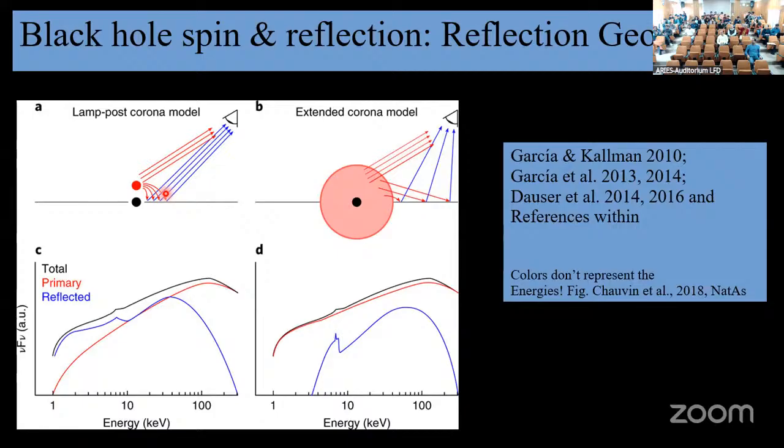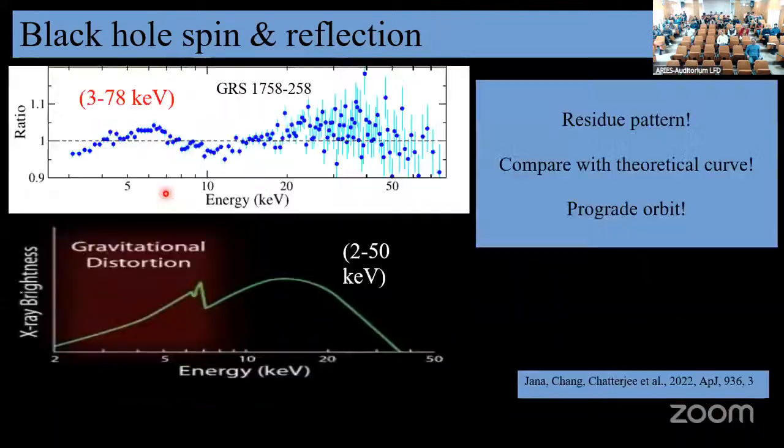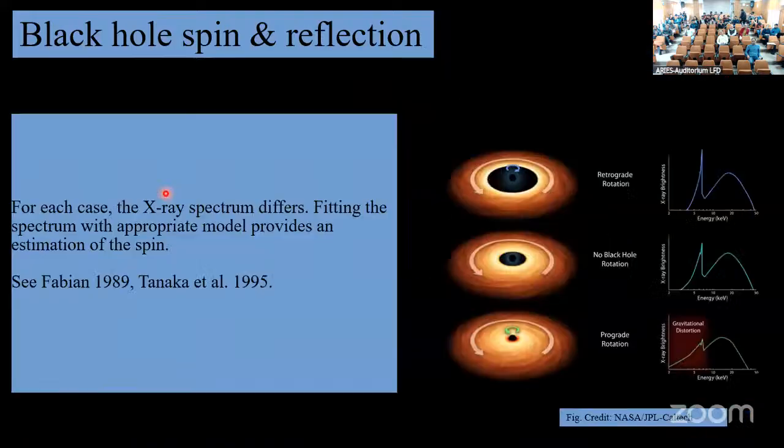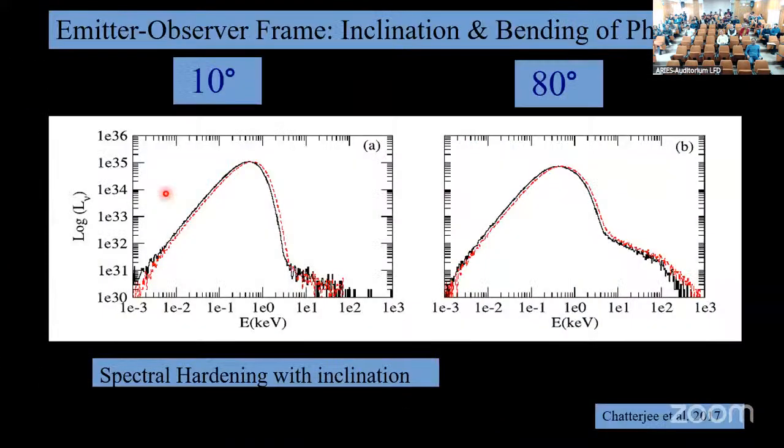Okay, so if you go to higher inclination, let me go back a little bit. Let's look at this particular spectrum. This is the Comptonized spectrum, the high energy spectrum. Now, if you are at high inclination, suppose this is your disk and this is your cloud region, and you have a disk surrounding it. Your observer is sitting somewhere here, at high inclination.